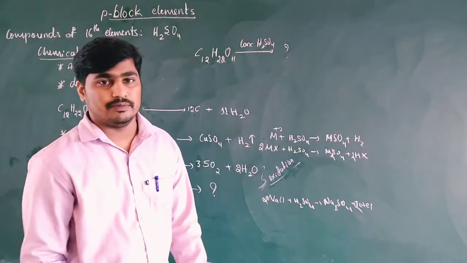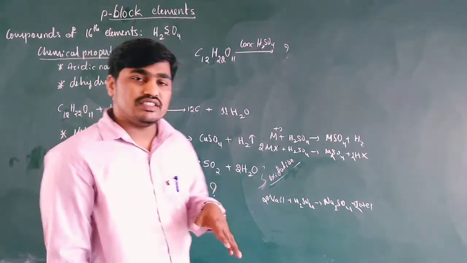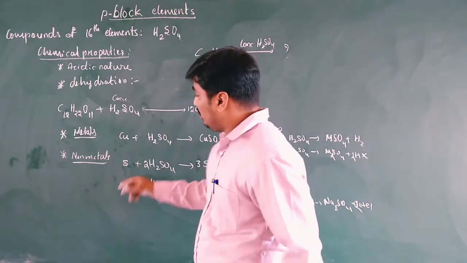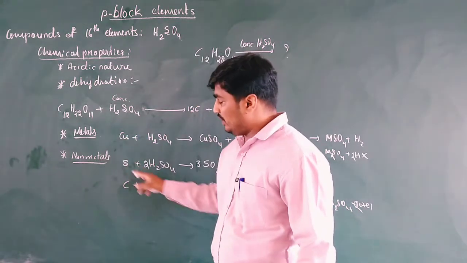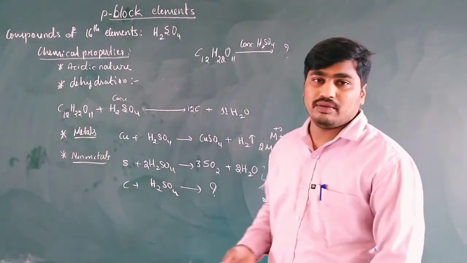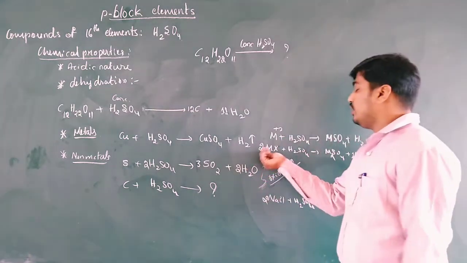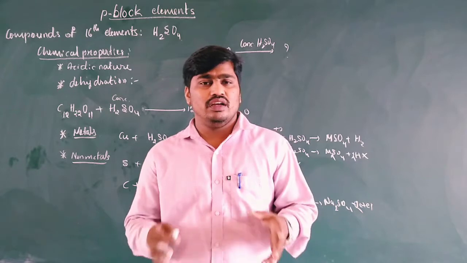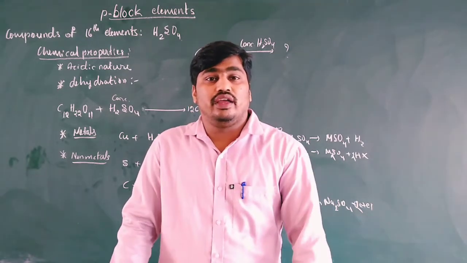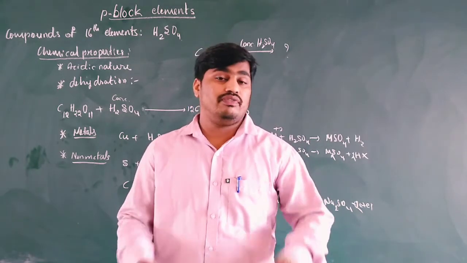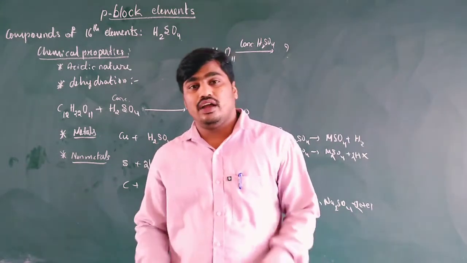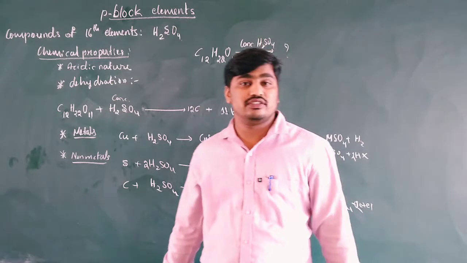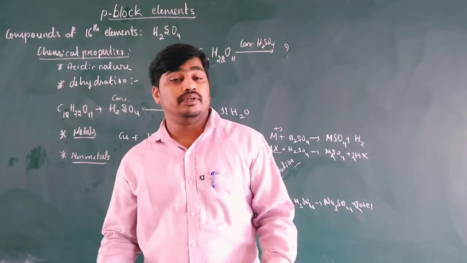Okay, so this is the example for a metal halide reacting with sulfuric acid. That indicates sulfuric acid has the ability to react with all types of non-metals, to oxidize the non-metal, and also to react with the metal halide. So the economy of any country is measured by how much sulfuric acid is consumed per year.